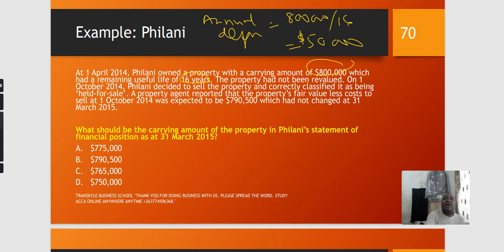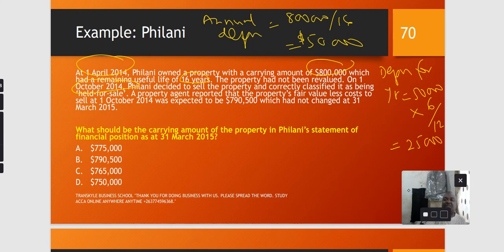And then from 1 April 2014 to 1 October 2014, that's 6 months. So the depreciation for the year was 50,000 multiplied by 6 over 12, and this gives us 25,000.